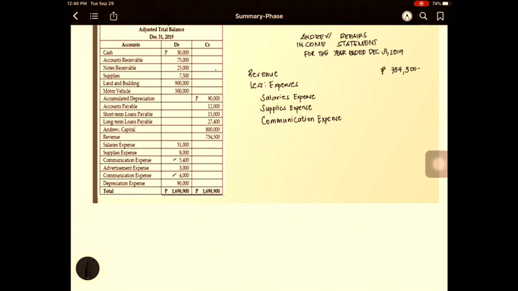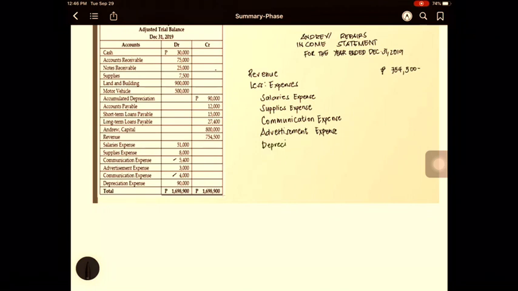So aside from communication expense, we also have here your advertisement expense, and lastly we have your depreciation expense. Okay, so we put the amounts for these expenses. Salaries amounted to 51,000.